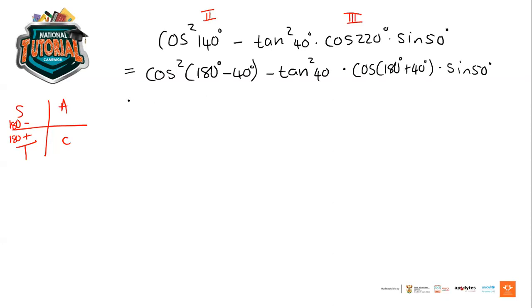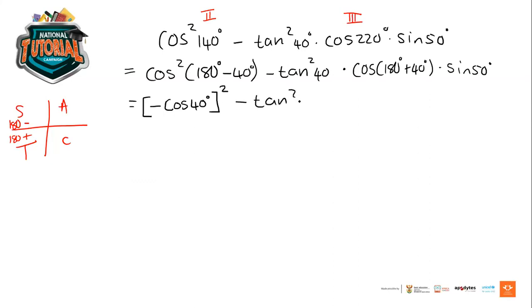All right, so let's use our reduction. Cos squared of 180 degrees minus 40. We're in quadrant 2, so this is going to give me a negative cos 40. But it's being squared. So if you want to see it like this, negative cos 40, remember cos squared means we are taking this answer, this cos 40, and we are squaring the whole thing.